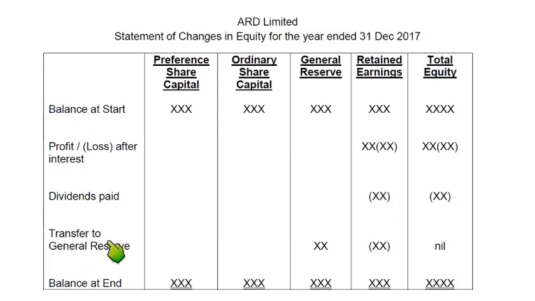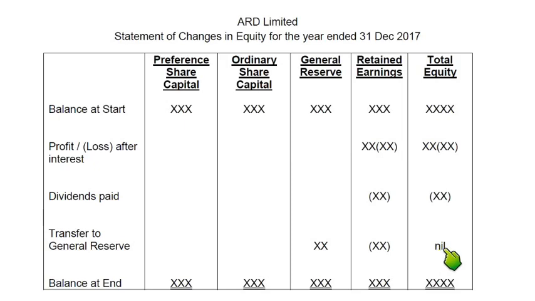Then we have transfer to general reserve. Again, if we need to save money for some future and we need not pay all of the amount that we have earned as dividend, we may save some of the amount in a different account, which is known as general reserve. So if you are transferring money to general reserve, general reserve will be increasing, and the retained earnings column will be decreasing. And as you can see, there is no effect on total equity.